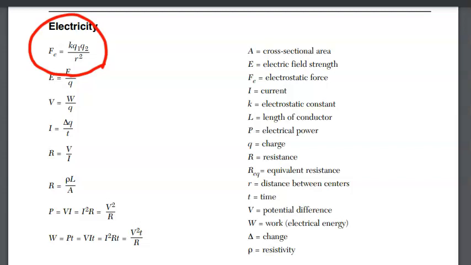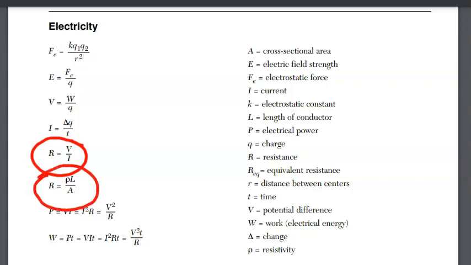Now, a couple of other things here. A big equation is Ohm's law, which is V equals IR, or New York State has it listed this way. R is your resistance. There is another equation for resistance. It's right here, which has to do with the substance or the element that makes up the wire, the length of the wire, and this cross-sectional area, how fat or how skinny the wire is.